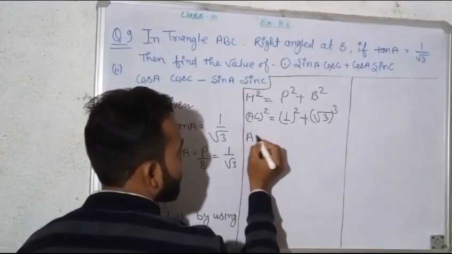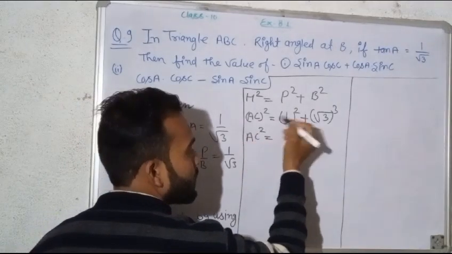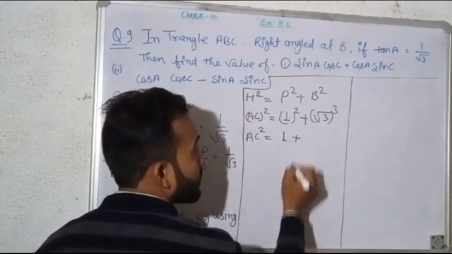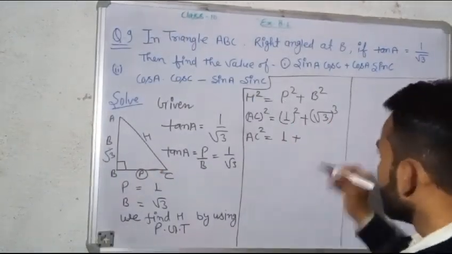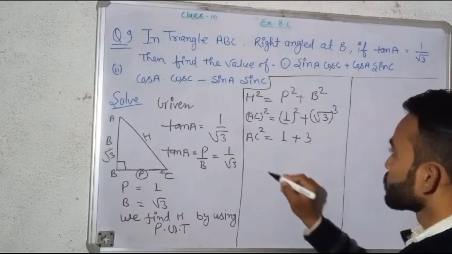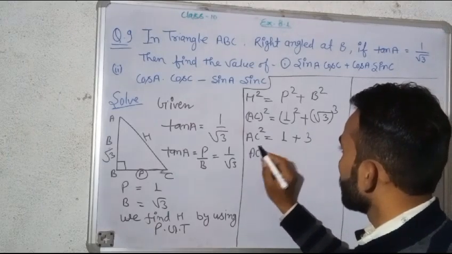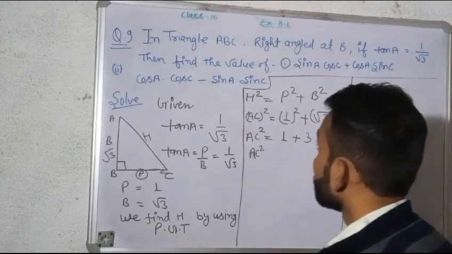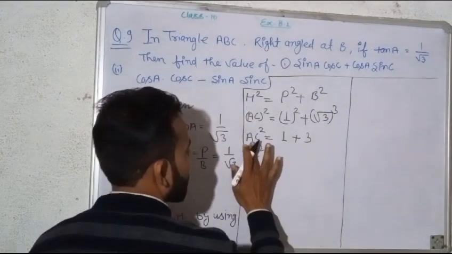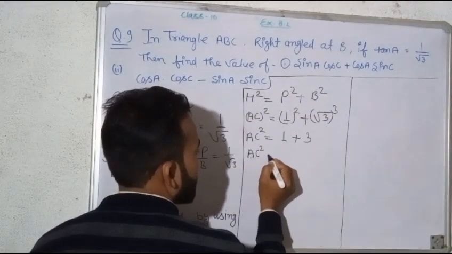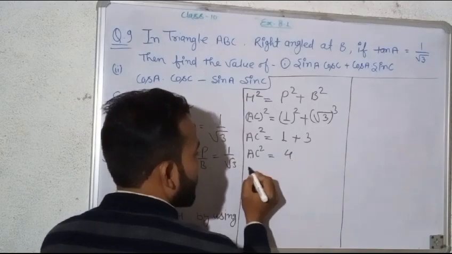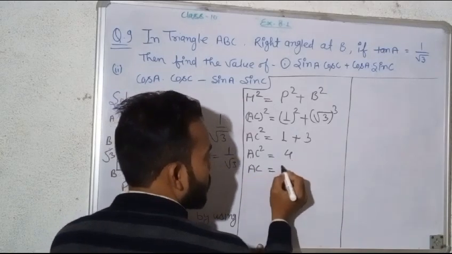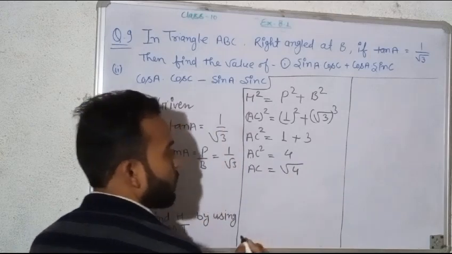AC square is equal to 1 square, which is 1, plus root 3 square, which is 3. So AC square is equal to 1 plus 3, 4. AC equal to root of 4. Why?